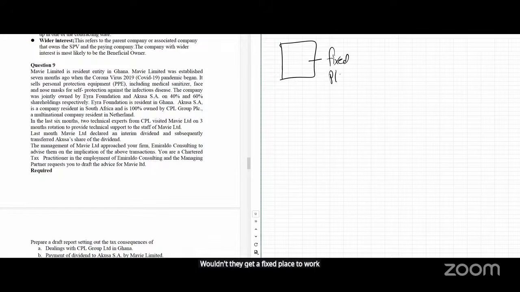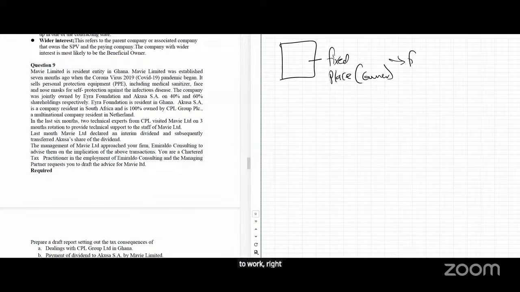Now, OECD doesn't recognize something we call service PE. So OECD will say that the two technical experts in Mavi won't they get a fixed place to work? A corner office or something to work, right?